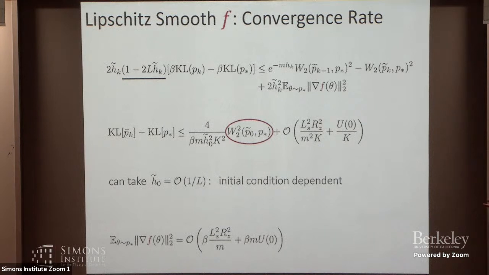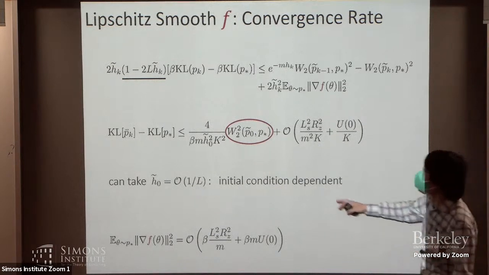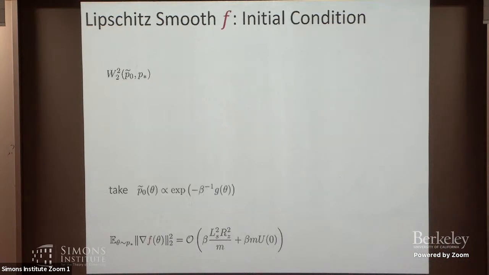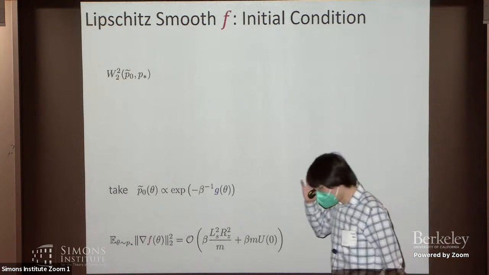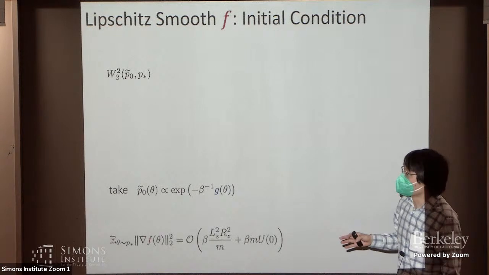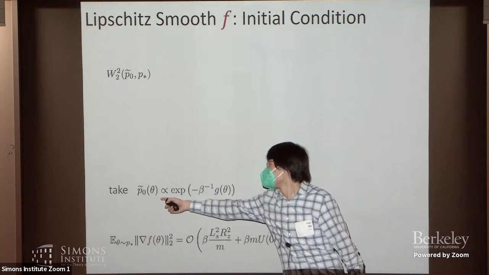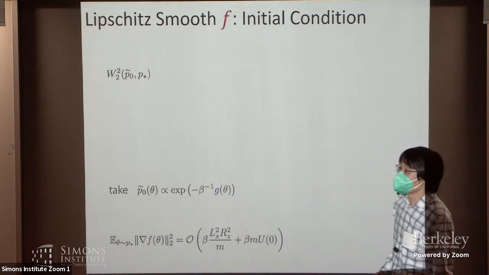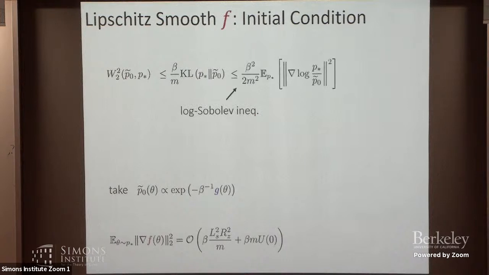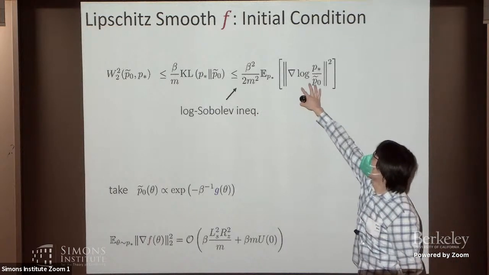So I'll talk about an upper bound on the initial condition, as we promised at the beginning of the talk. If we use the intuition from the Lipschitz continuous case, then we know that we should take the initial condition as the prior distribution. If we do that, then we can use the Talagrand inequality to first upper bound this Wasserstein-2 distance by the KL divergence, and then we can use the log-Sobolev inequality to upper bound the KL divergence by this gradient difference.